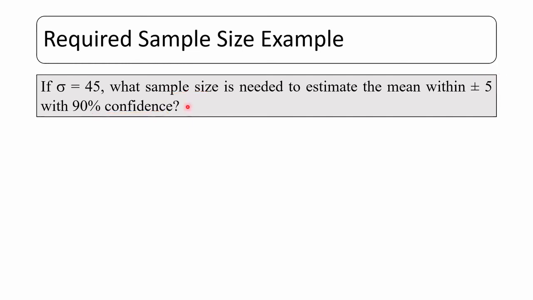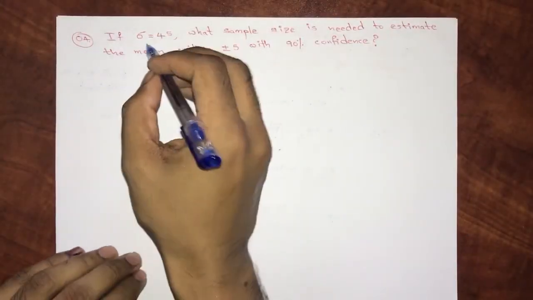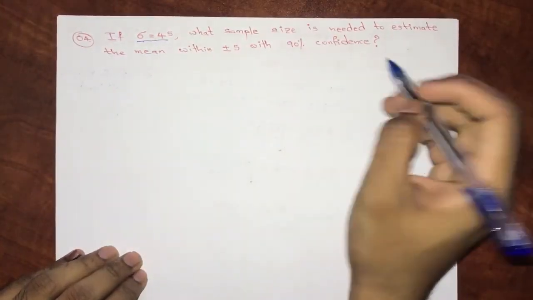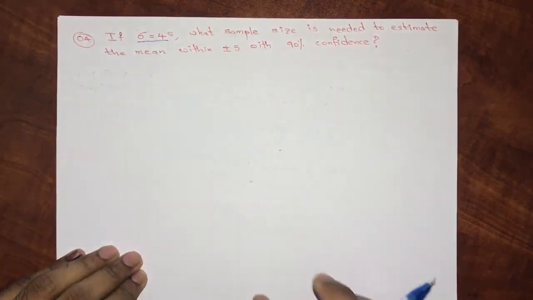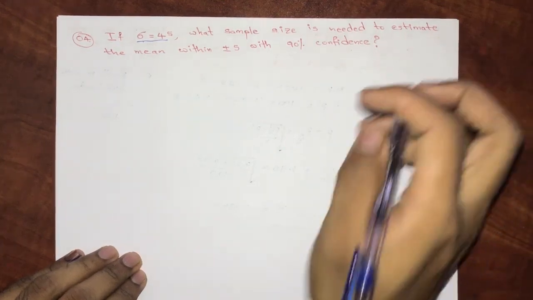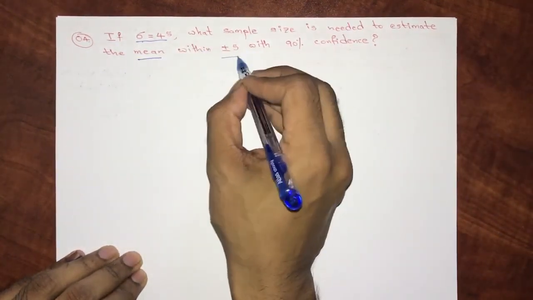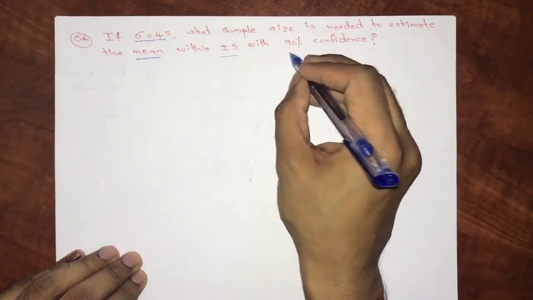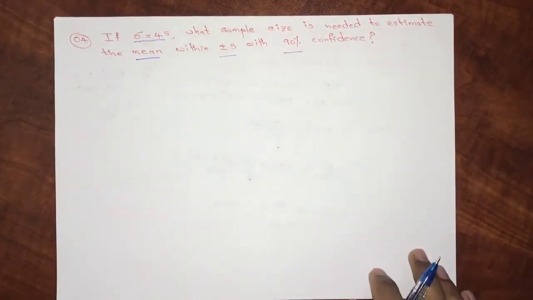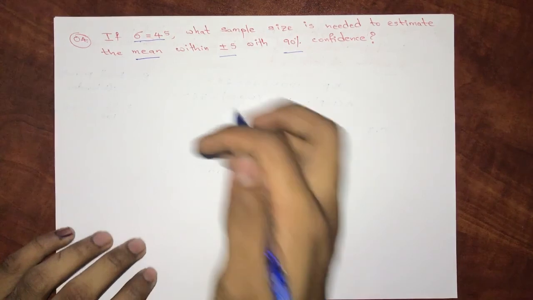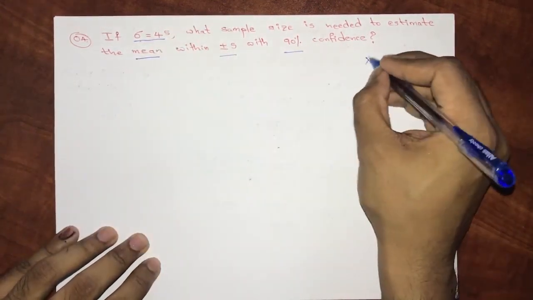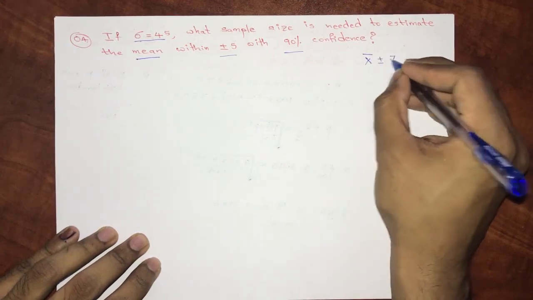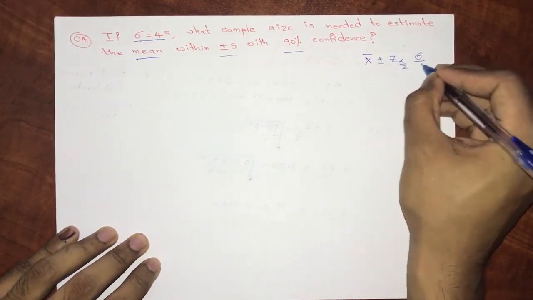So let's have a look at how you solve this. You're given your sigma, and you're asked for the sample size needed to estimate the mean. For the mean, you know the equation given by this.